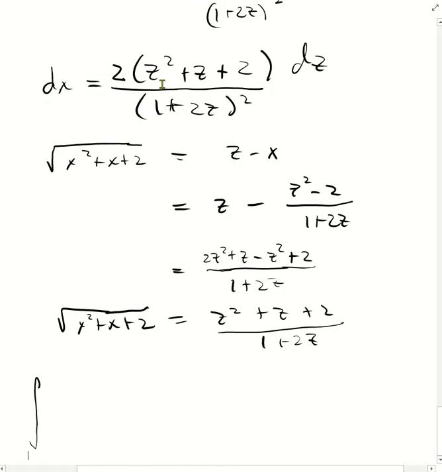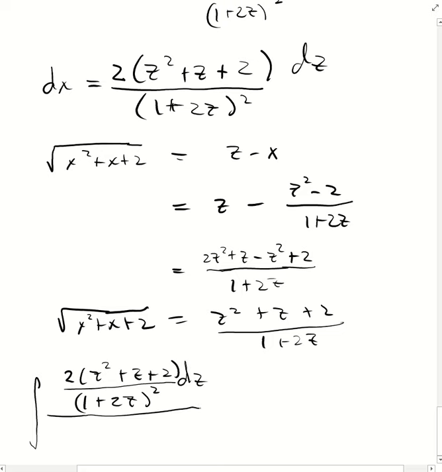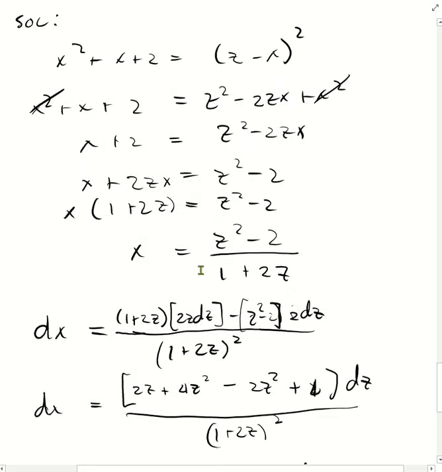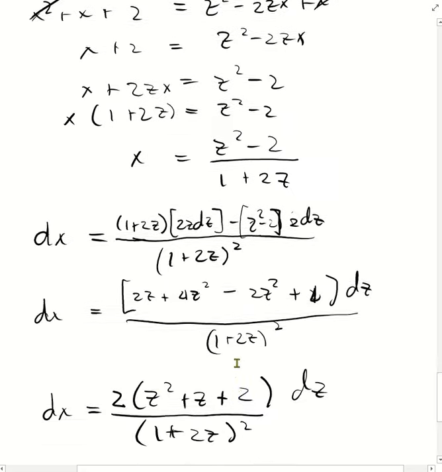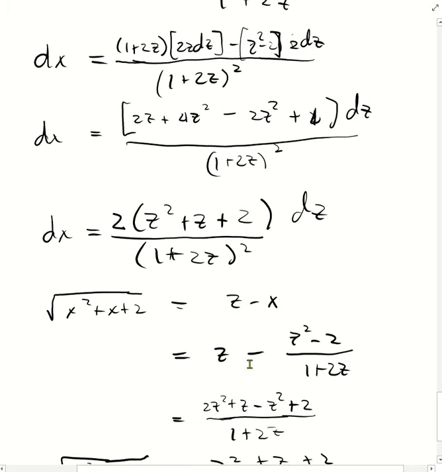Our dx is this one: 2 times z squared plus z plus 2 all over 1 plus 2z squared. That is dx. Then all over, here we have x. Our x is this one, z squared minus 2.